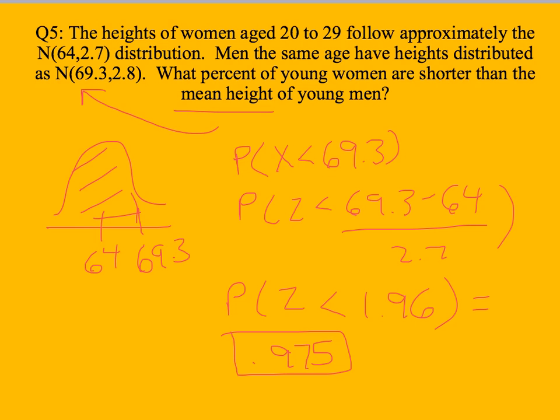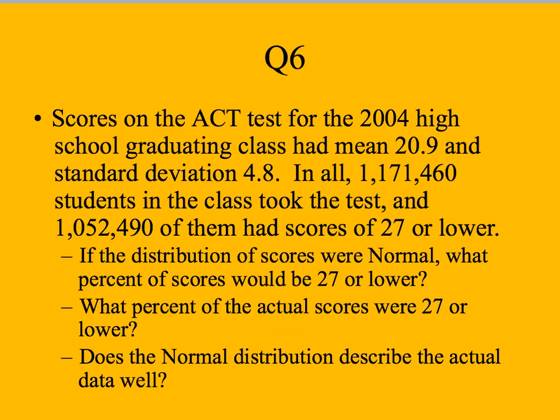Okay. Next question. Scores on the ACT have mean 20.9 and standard deviation 4.8. We had a whole bunch of people who took it, and this many had scores of 27 or lower. The question is, if the distribution was normal, what percent will be 27 or lower?